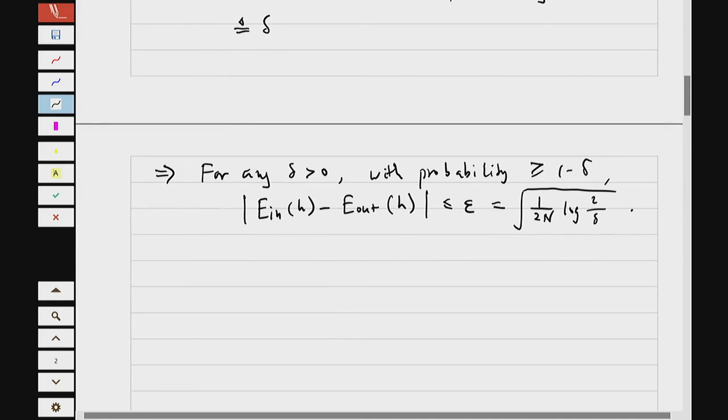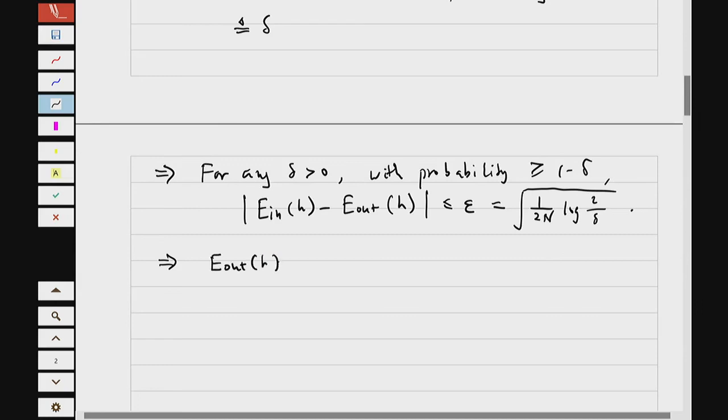Now, another thing to note is that usually we don't care about this, this is a magnitude, right? So there are 2 sides. If you break out the magnitude, one side is positive, the other side is greater than or equal to something negative, right? Usually that side we don't care about. So we're going to only look at the side where E out is upper bounded by something.